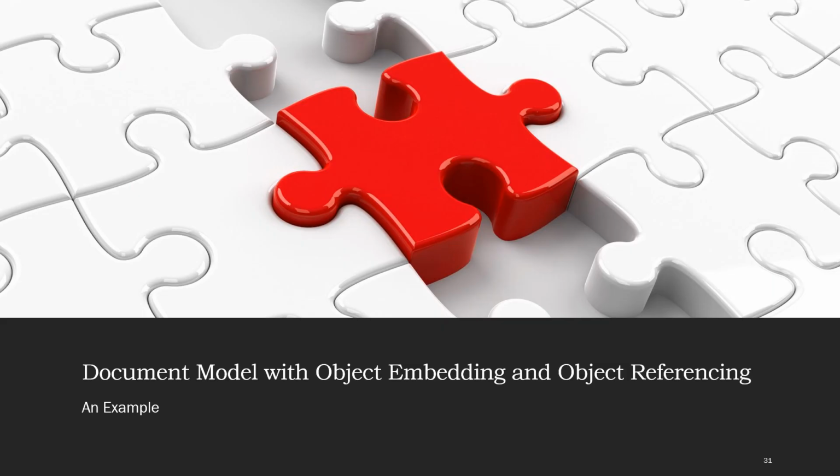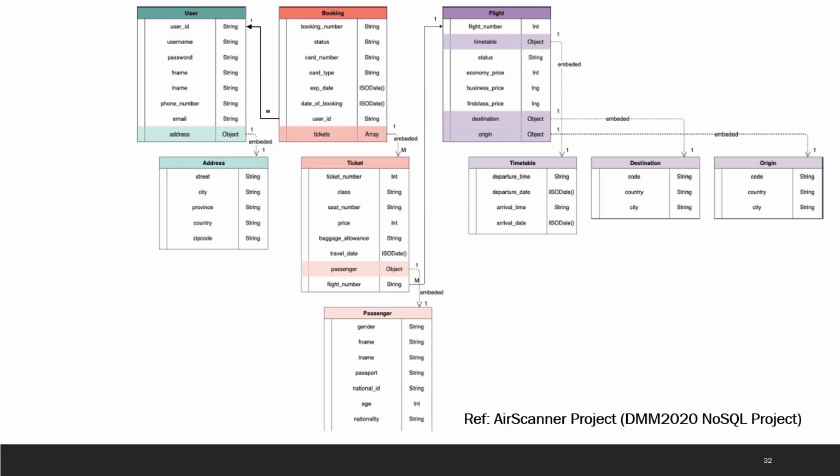Let's look at another example of document model with object embedding and object referencing. Here you could see an example of a document model that models a project called the Air Scanner project.